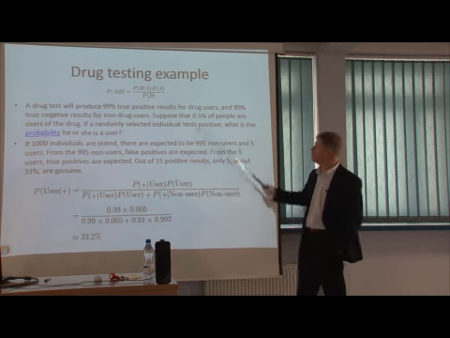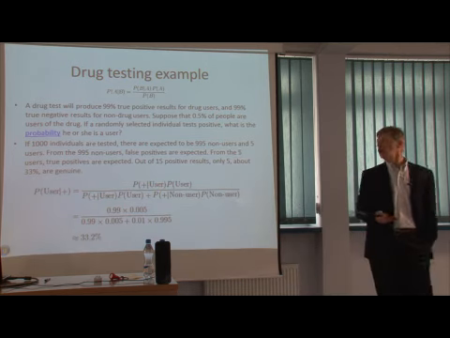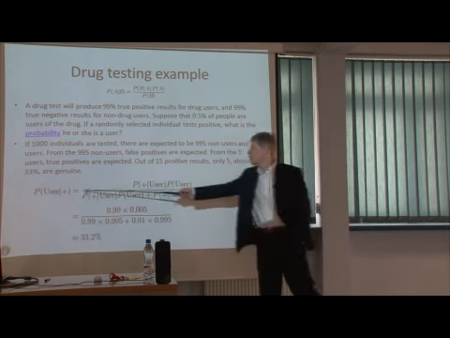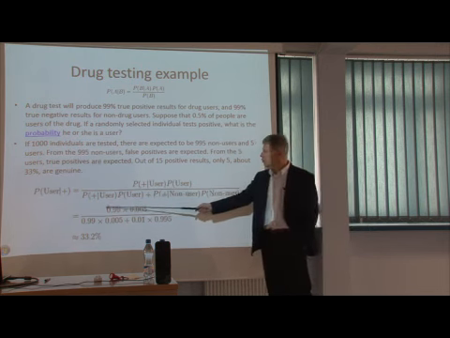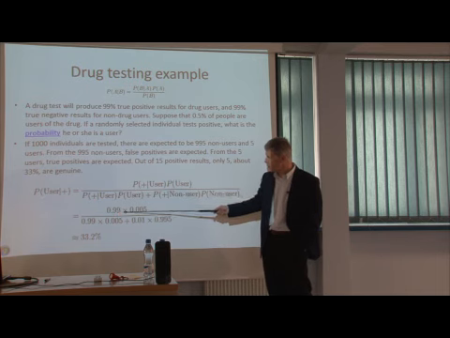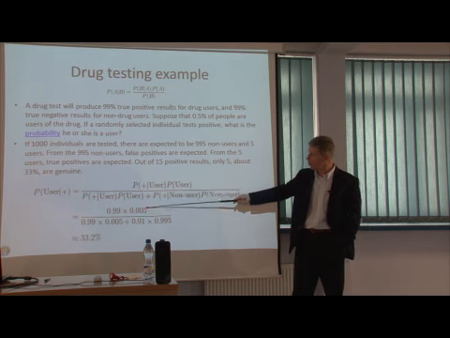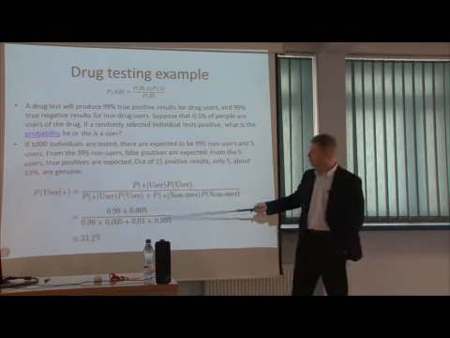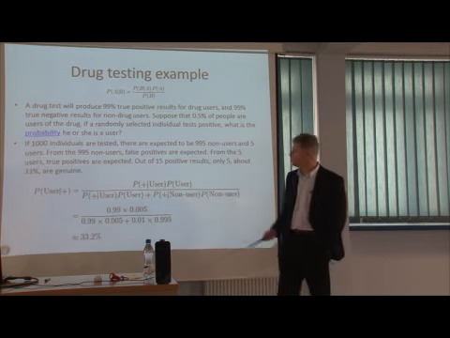Okay, so the probability that a person who tests positive is a drug user is only 33%. So by plugging these numbers into the Bayes theorem, what do we see? We have 99%. This is the size of the population, 0.05, the percentage of the population. Here, probability of user being positive times probability of user.